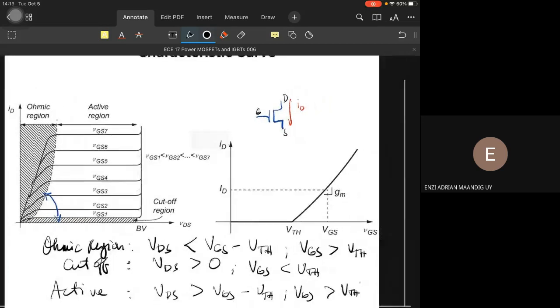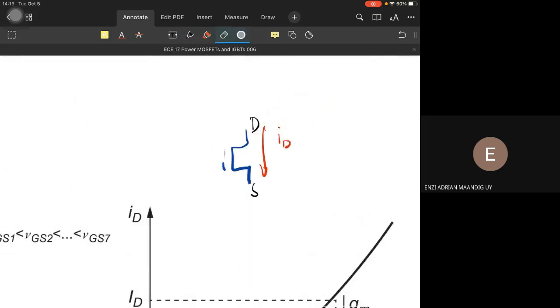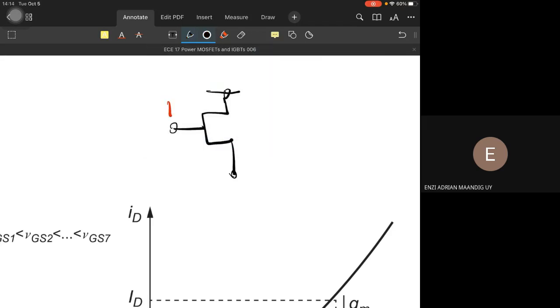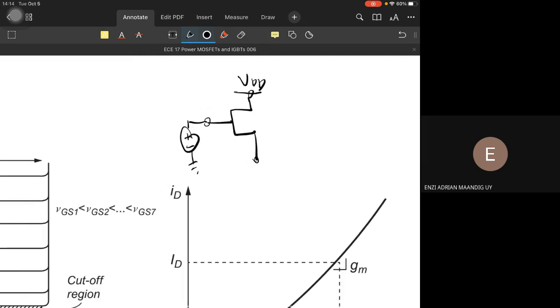So sa ohmic region siya, remember before, sa pag-analyze nato sa CMOS, kasi CMOS is a MOSFET man gyud. Ato lang i-specify gamay, ang source diha, ang VDD dili.